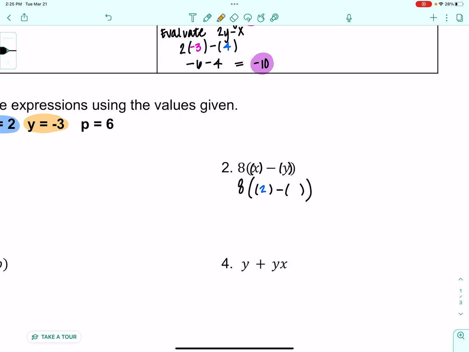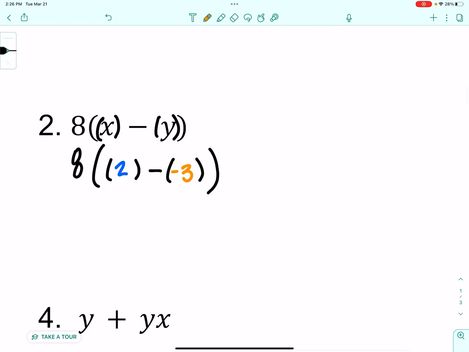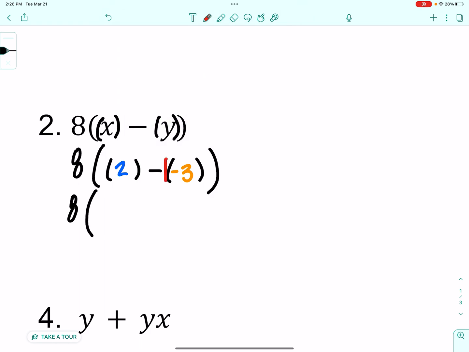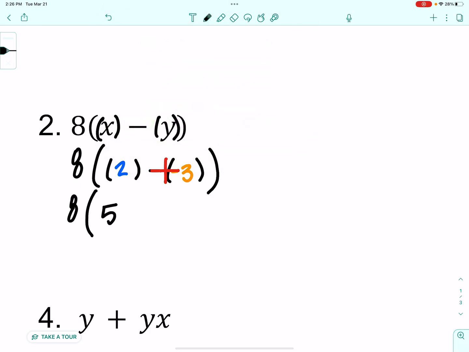Y is -3. So I'm going to put a -3 in the y spot. Two minus -3 means that these two negatives are going to make addition. So I really have 2 plus 3. And 8 times 5 is 40.